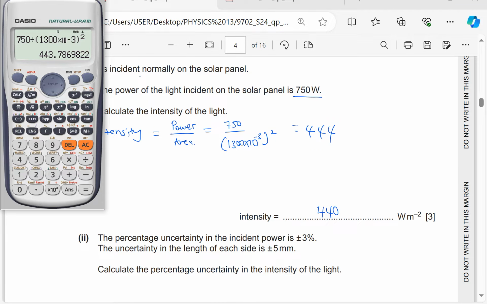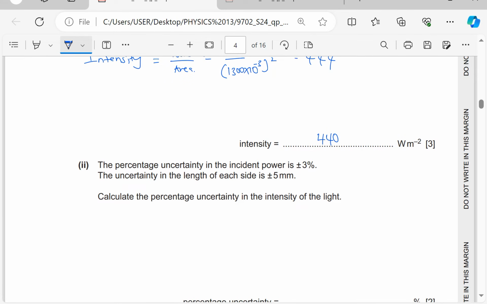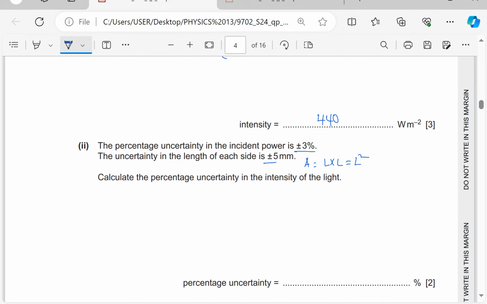Then the percentage uncertainty in the incident power is plus or minus 3%. The uncertainty in the length of each side is plus or minus 5 millimeters. Remember, the area is equal to one side times another side, which is L squared. Calculate the percentage uncertainty in the intensity of the light.